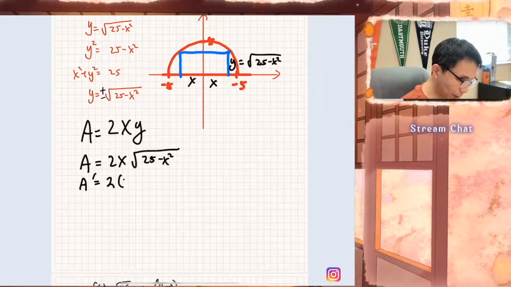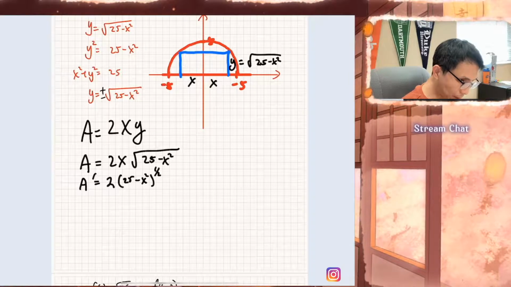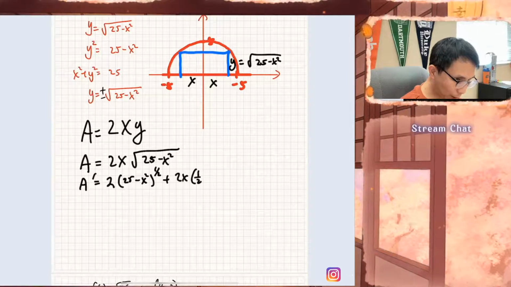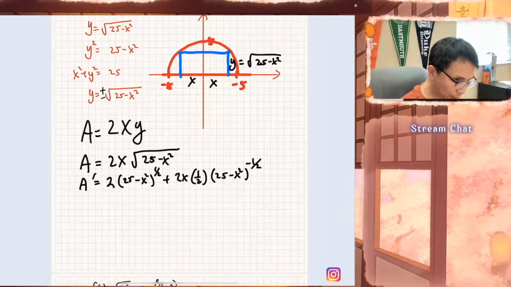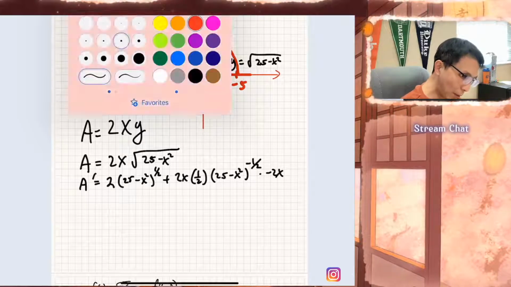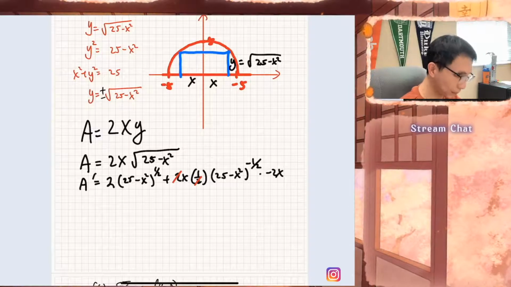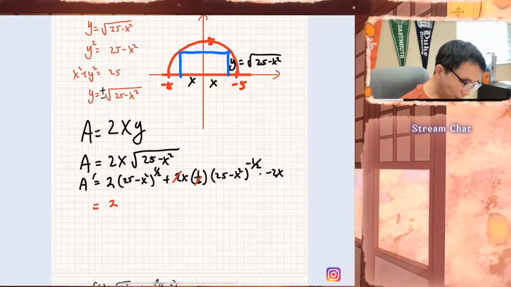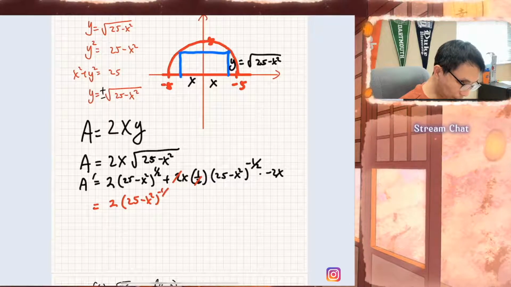2 times (25 minus x squared) to the half plus 2x times 1/2 times (25 minus x squared) to the negative half times negative 2x. Now those two usually simplify, which makes your life easier. I'm going to factor out a 2 as well as (25 minus x squared) to the negative half.